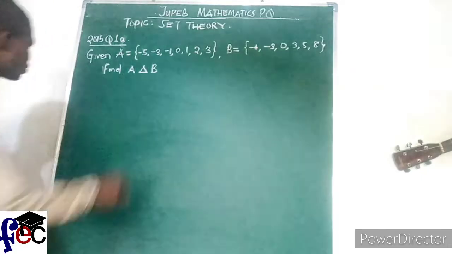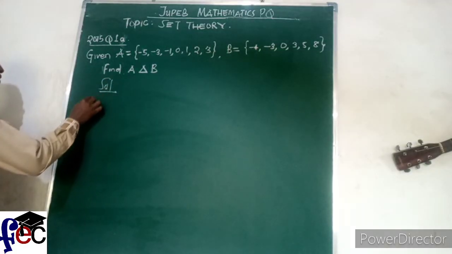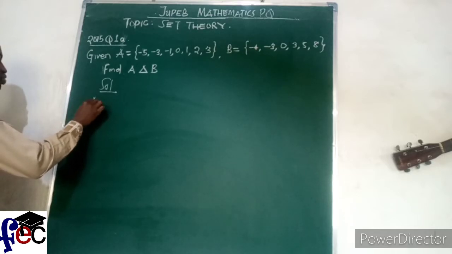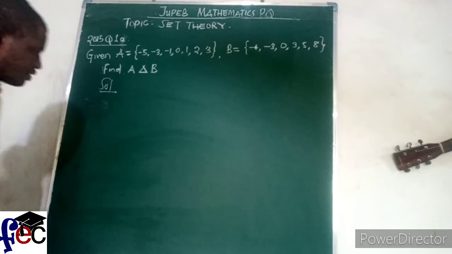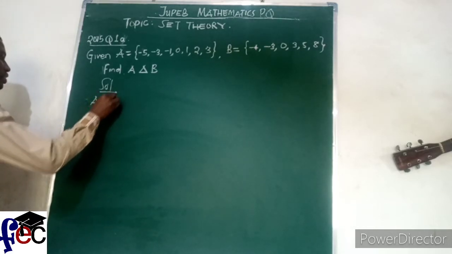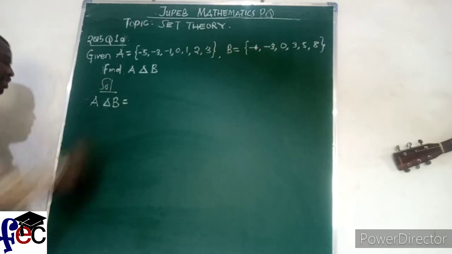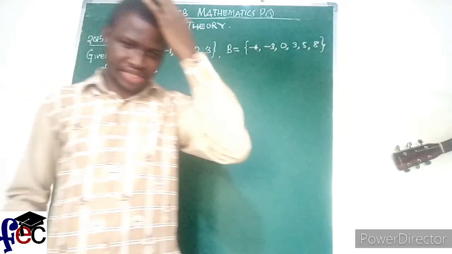Okay, so solution. How do we find the symmetric difference between the two sets A and B? It's important to know the definition of what a symmetric difference is.